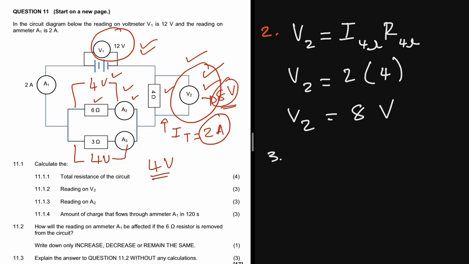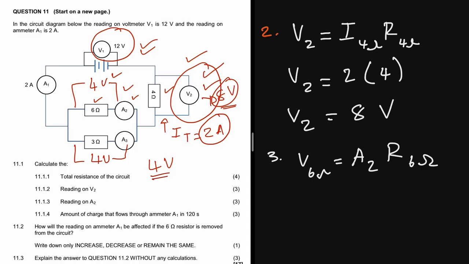So now we can say the voltage in the 6 ohms is equal to the current, which is A2, multiplied by the resistance, in that 6 ohms. So to calculate this current, which is A2, we can substitute the voltage on that resistance.